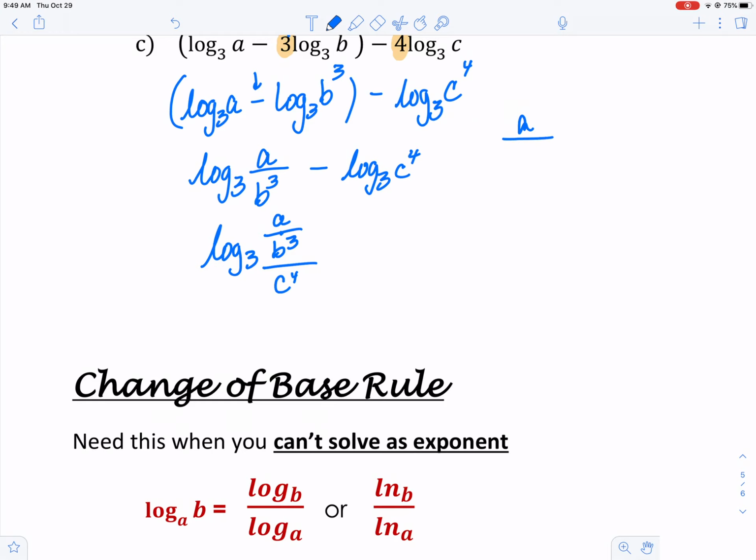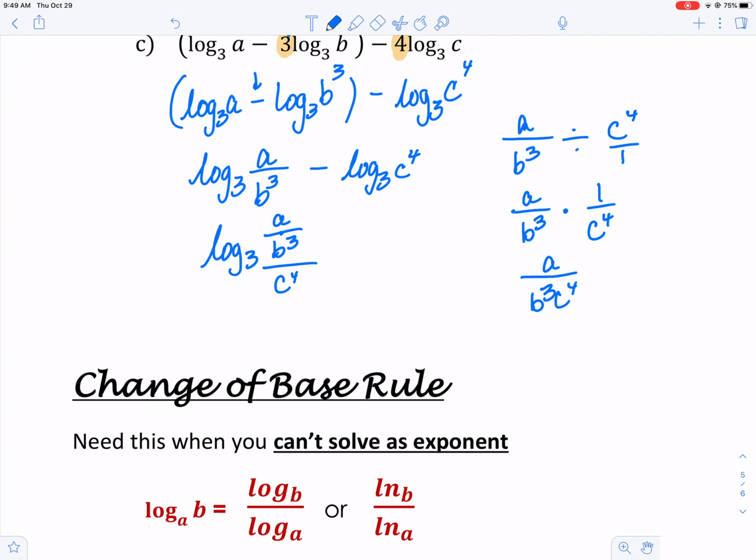A divided by b to the 3rd, and I'm going to divide it by c to the 4th, because that's what this is saying right there, right? So I would have a over b to the 3rd times, and then I just flip that. Remember us flipping that? So I do wind up with c to the 4th on the bottom.